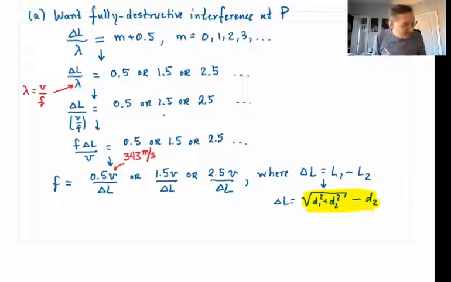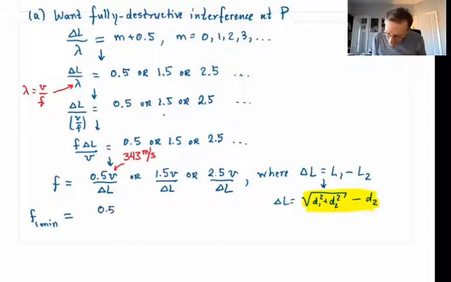Okay, for that then, I'm just going to plug in. I'll do the first one. Let's call this F1 minimum. What do I mean by that? 1, because it's the lowest frequency, and it's going to be a minimum, meaning fully destructive interference.